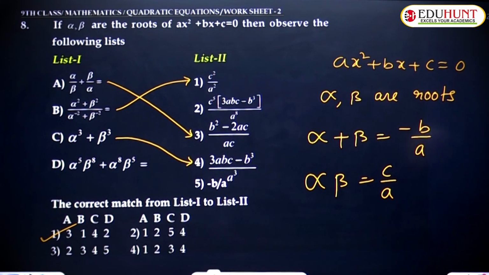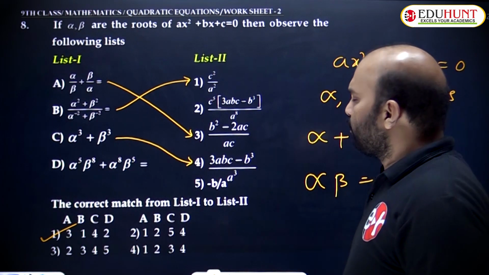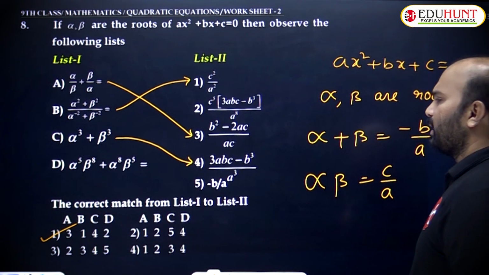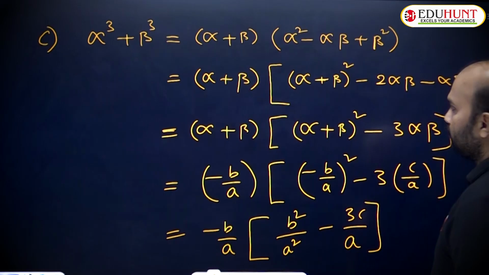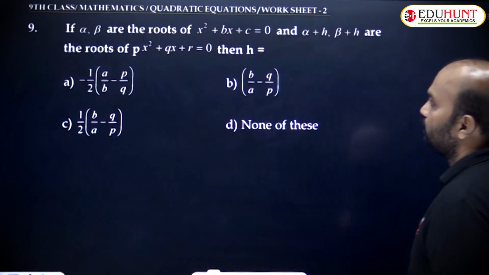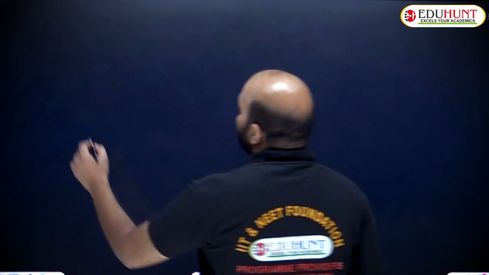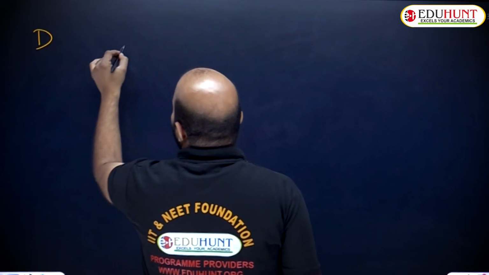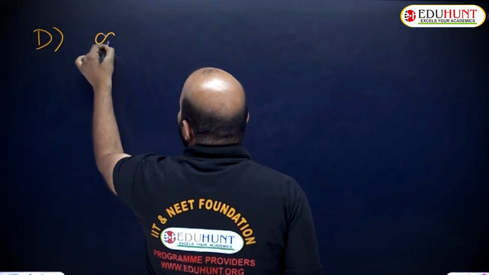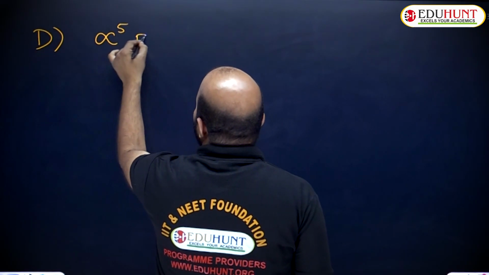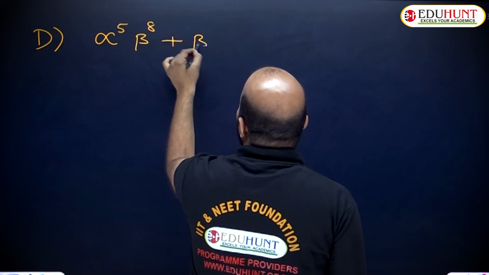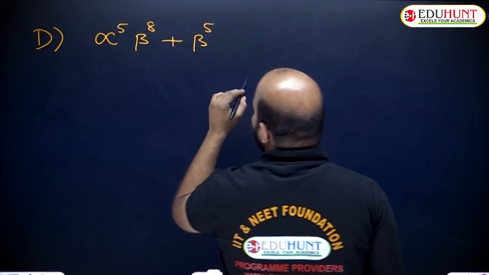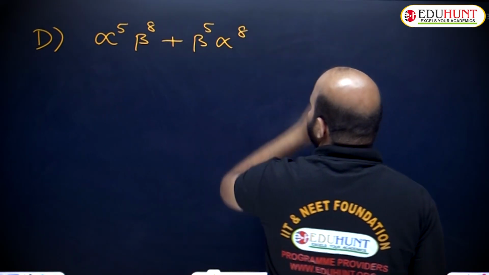And finally, what am I given? Alpha power 5 into beta power 8 plus alpha power 8 into beta power 5. So, D, what am I given? Alpha power 5 into beta power 8 plus beta power 5 into alpha power 8.